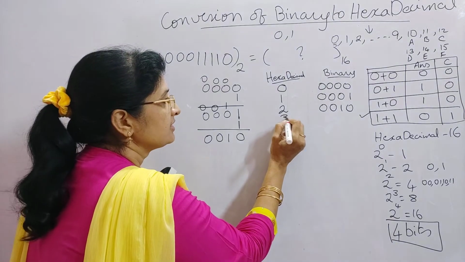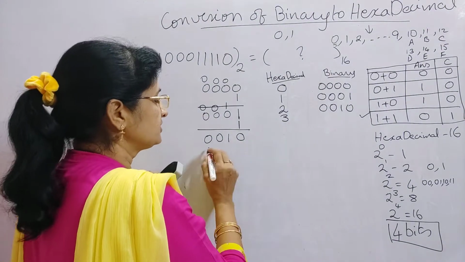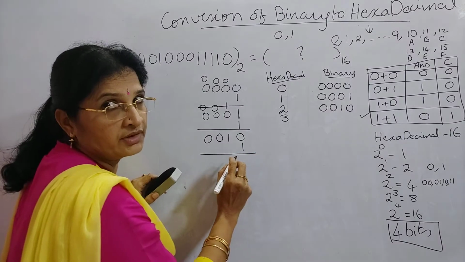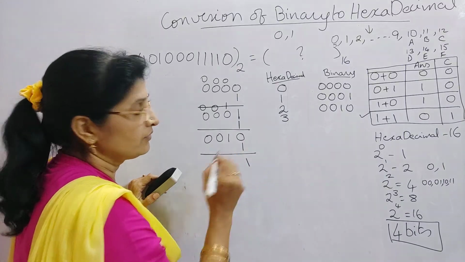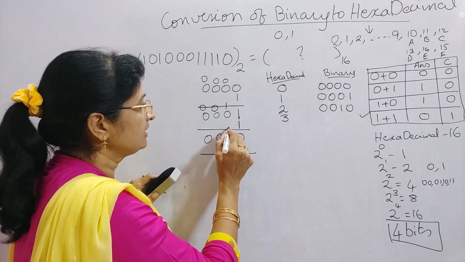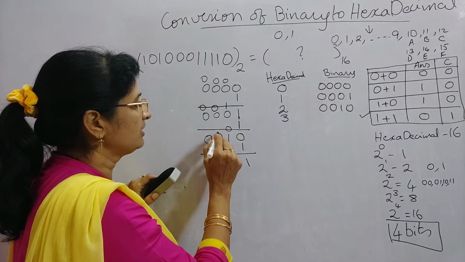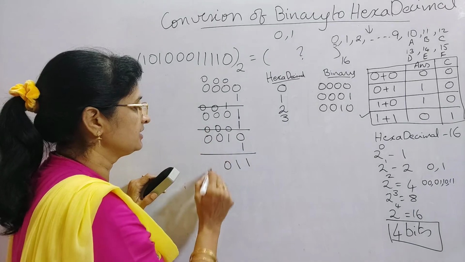Next one is 3. So for 3, again the process is same. For 3, you have to add 1 to this one. If you add 1 to this one, 0 plus 1, the answer is 1 and the carry is 0. Again 0 plus 1, answer is 1, carry is 0. So 0 plus 0, answer is 0, carry is 0.